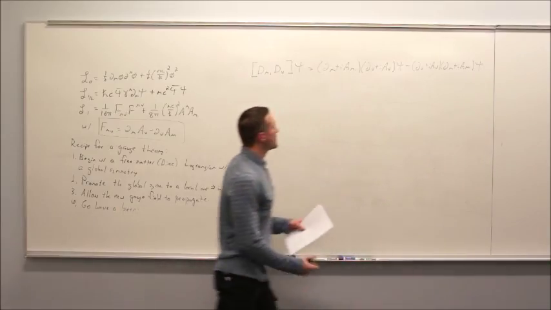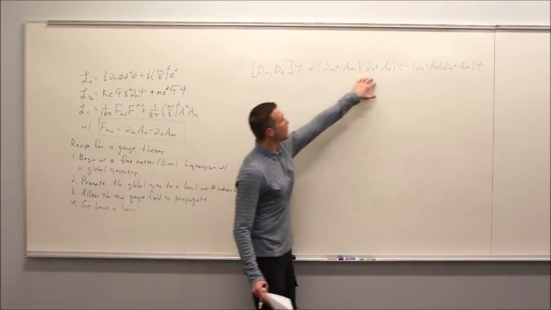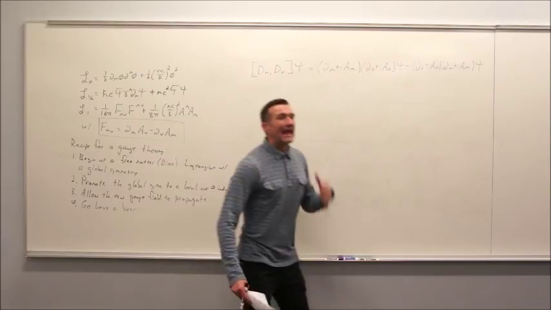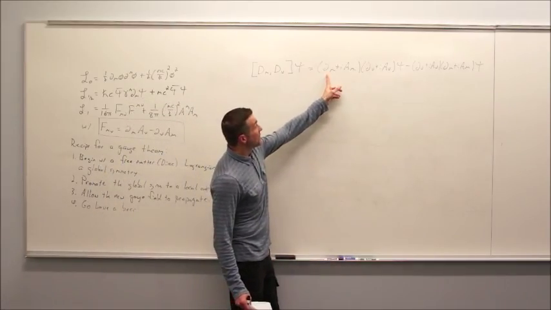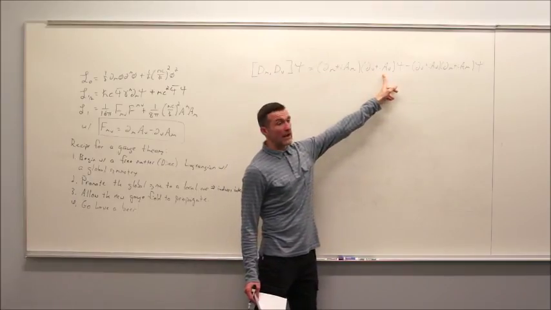Okay, the commutator, of course, is just a commutator. I do them in one order and then I reverse doing them in the other order. And then the only thing you have to be really wary of is that this is a derivative, so it acts on everything to the right.